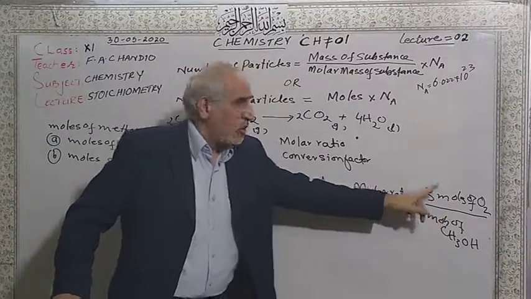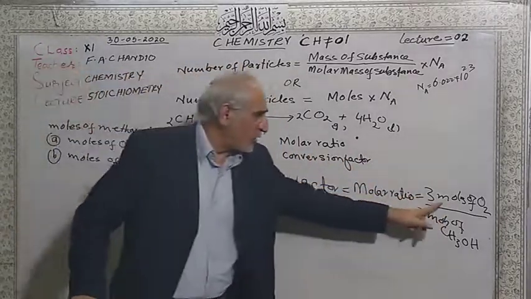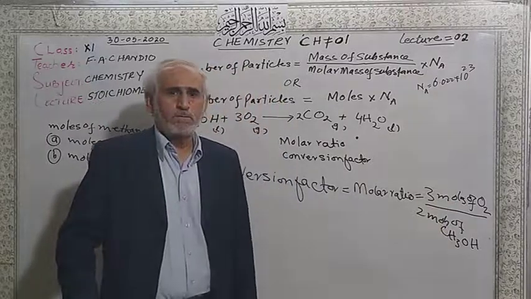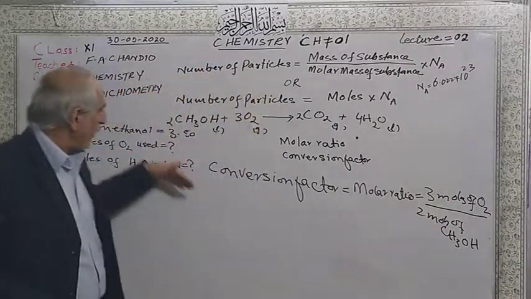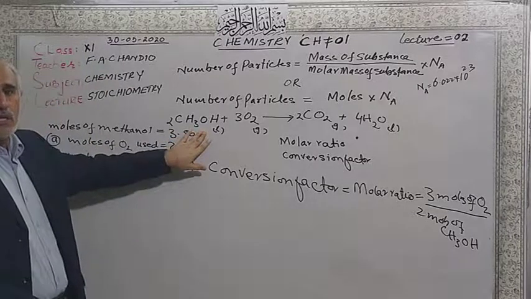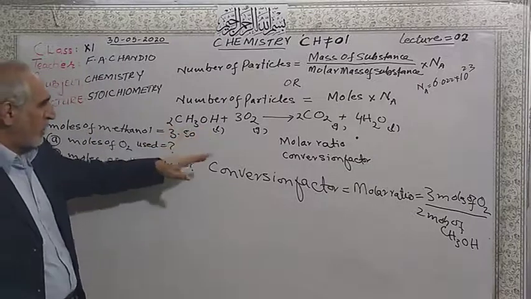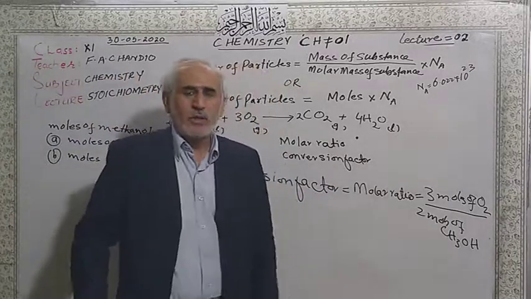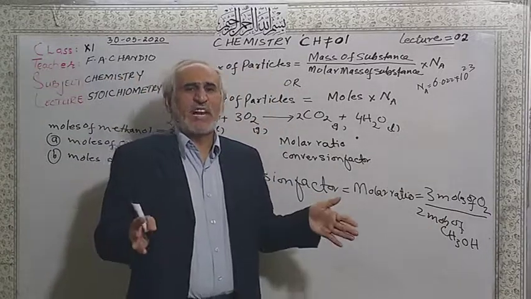So 3 moles of oxygen should be numerator side. And the given quantity, 2 moles of methanol. So don't make mistake.